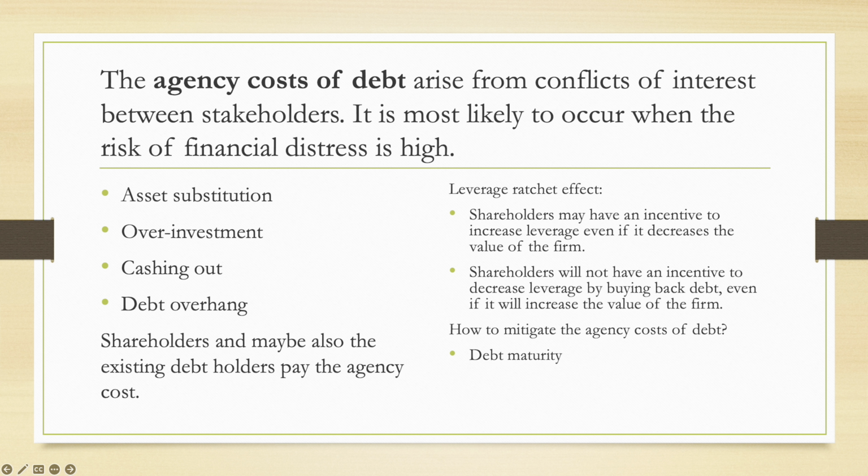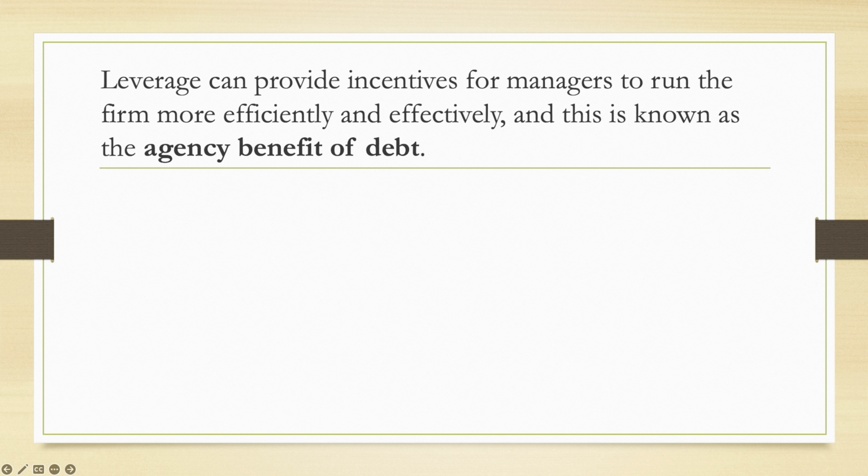Another thing that can mitigate the agency costs of debt is the debt covenants. Just like a double-edged sword, leverage can provide incentives for managers to run the firm more efficiently and effectively, and this is known as the agency benefit of debt.